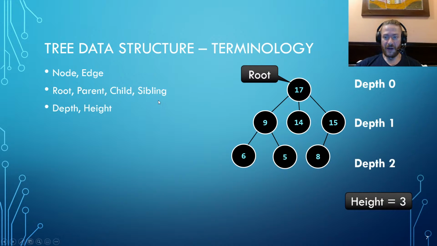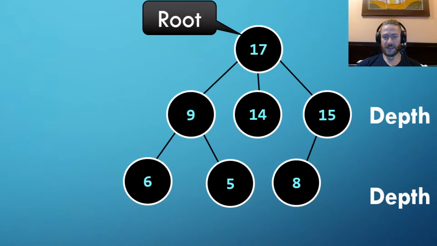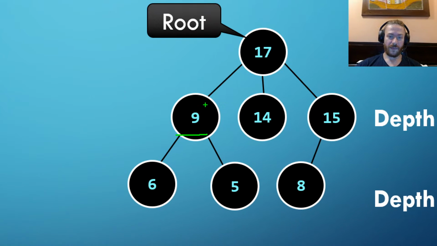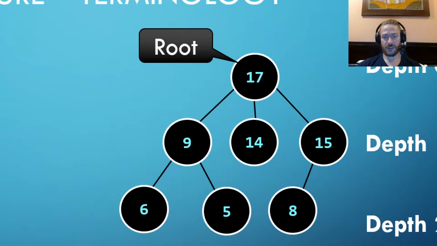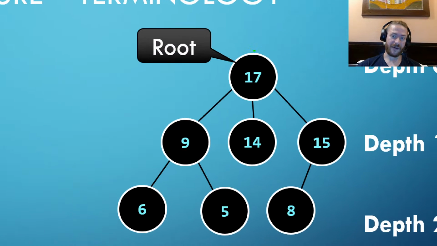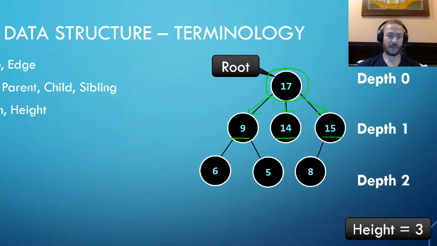So we have a parent. Each node may have a parent, and usually it's visualized above the node. We have a child, which is the opposite of the parent. This node here has three children, because they are below the parent.